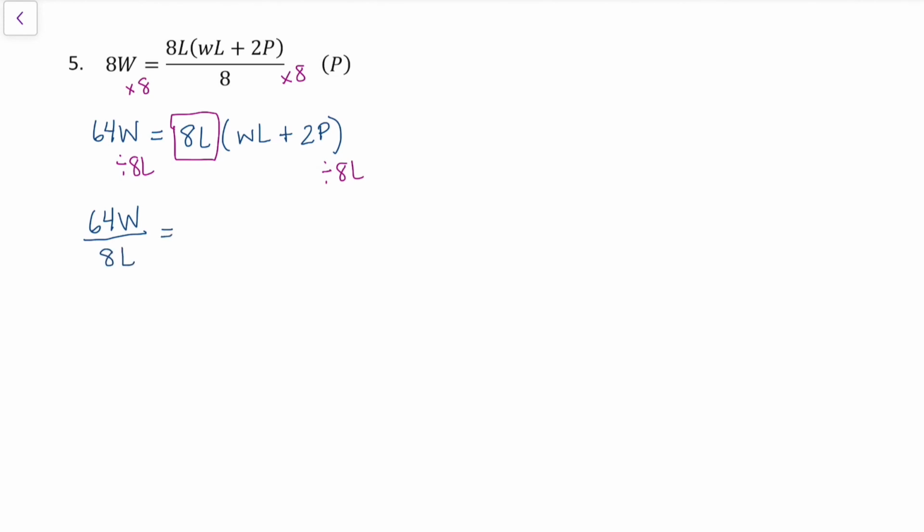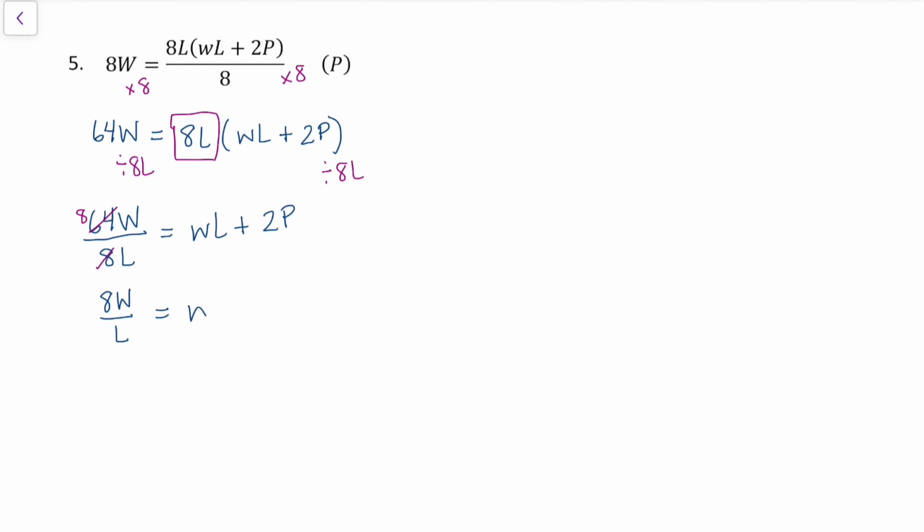equals wl plus 2p. And I notice that I can actually simplify this left-hand side a little bit more because 64 divided by 8 is 8. So I can put 8w over l. So I'm dividing this out, leaving me just 8 at the top on this side.